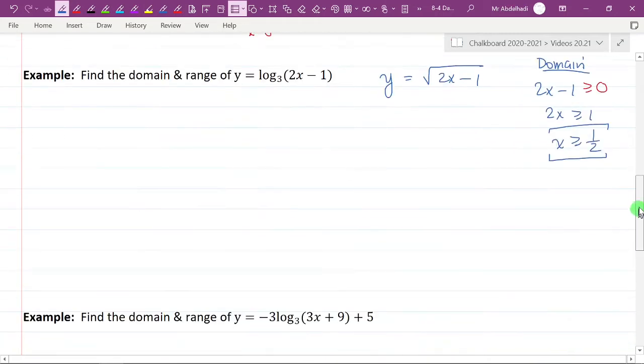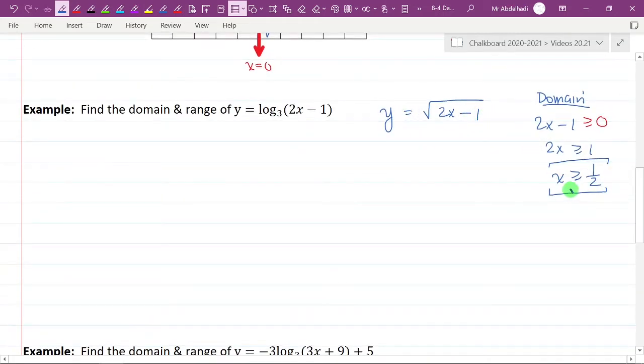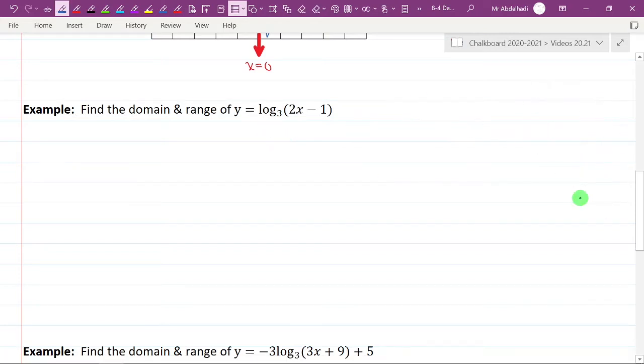So what you're going to do with a logarithm is very similar to what we did with square roots. We're going to take the argument of the logarithm, just like we took the argument of the square root, and we're going to set it greater than, but not equal to 0. So a very subtle difference here. For a logarithm, the domain is what you get when you take the thing inside the parentheses here and set it greater than, but not equal to, just greater than 0, like that.